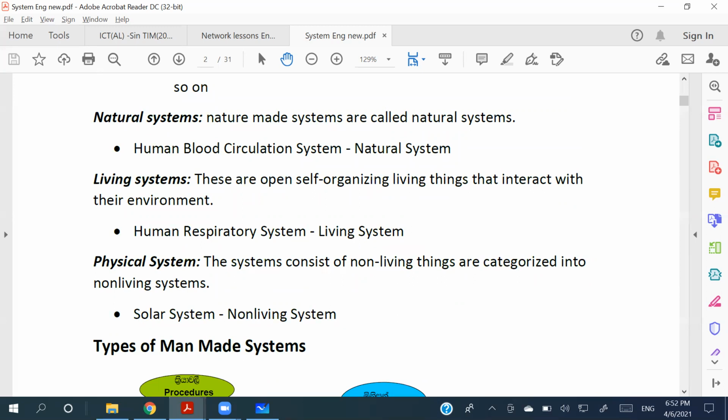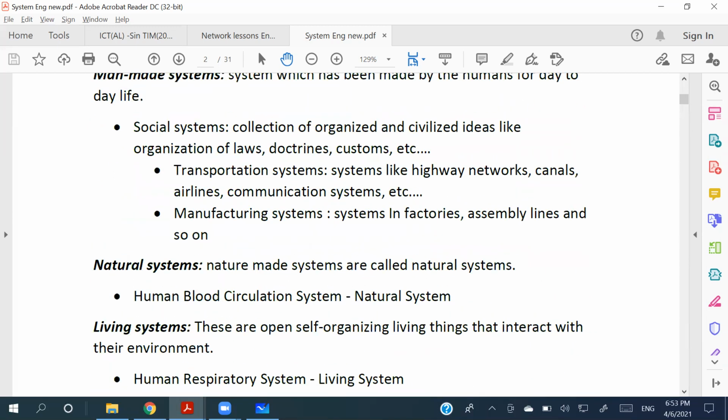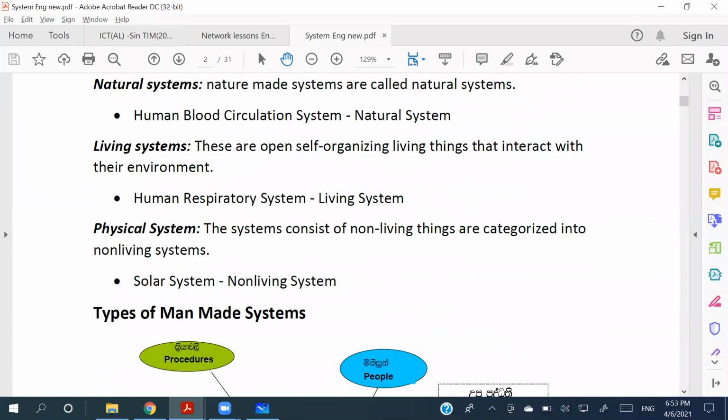So the systems that can be categorized as a physical system can also be categorized as one of the other systems, like man-made systems, right? They can overlap, right? So if you take a solar system, it is a physical system. There is nothing living in there, right? So those kinds of categorizations, classifications can happen with the systems.